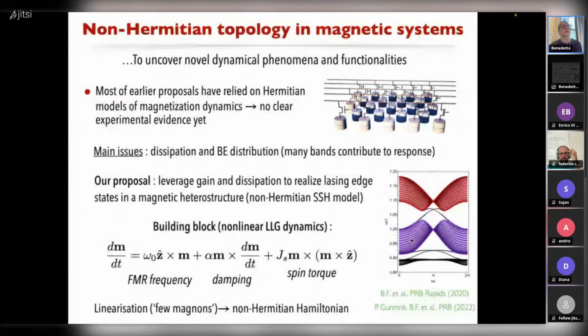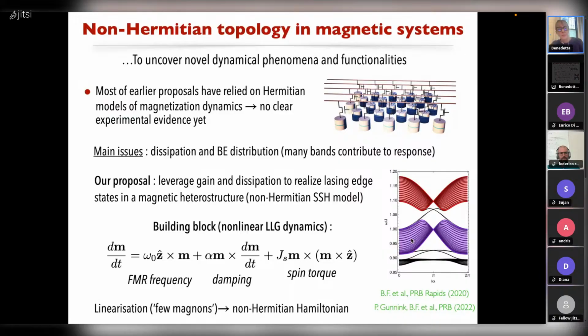You're dealing with a bosonic system in which you thermally populate your bands, and it becomes really hard to understand whether, for example, a transverse signal is due to really edge states or just to some finite Berry curvature contribution that can be there even if the Chern number of your band is ultimately 0.